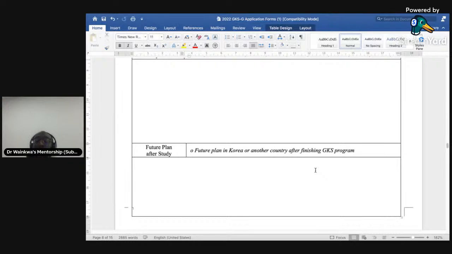There are other scholarships where, when you're done, you must exit Korea. For example, the Korean government scholarship, you must leave Korea. But with the Global Korea Scholarship, you can mention whether you look forward to staying in Korea and working once you're done, or going back.